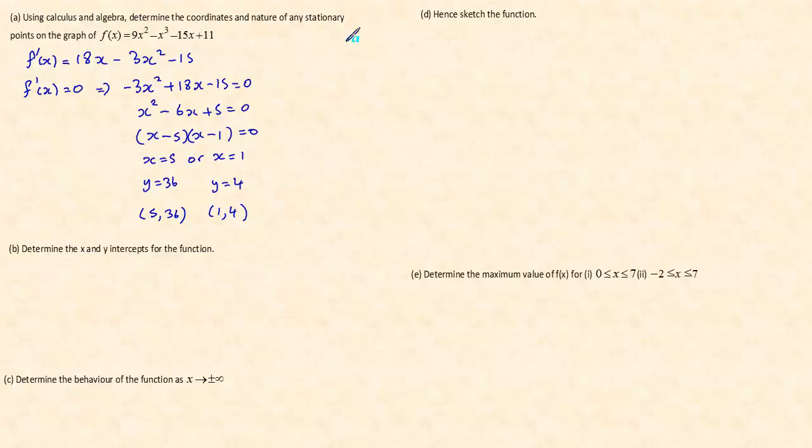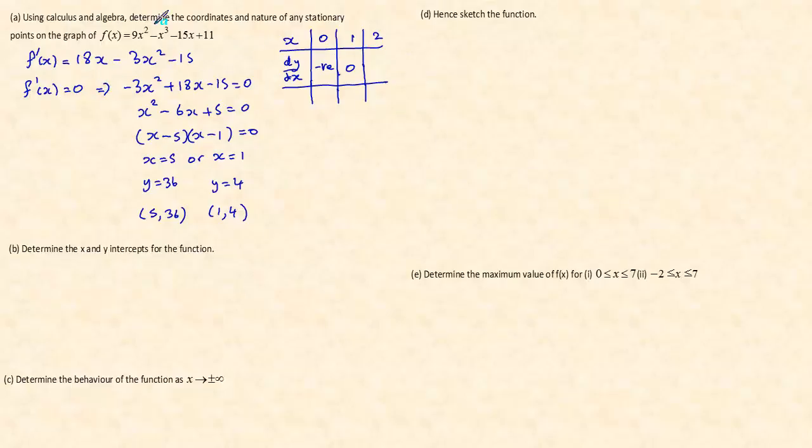So we need to know the nature of these. Let's do 1 first, and then 0 and 2. All we need to do is make sure we don't go past the other turning point, but that's at 5, so that's fine. So we know it's 0 here. And if we substitute 0 into here, we get negative 15, so that's negative.